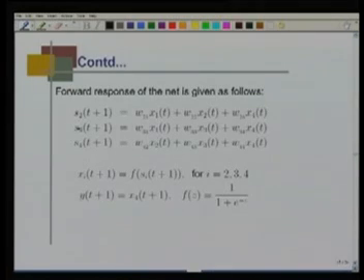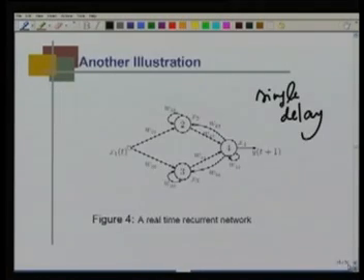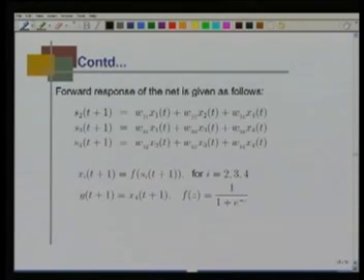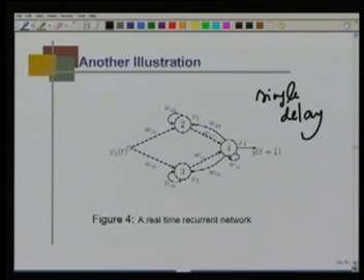So, S2, S3 and S4 are the total input sum to the neuron 2, 3 and 4 respectively. So, S2 plus 1 is W21 X1 T plus W22 X2 T, W24 X4 T, that you can see here.